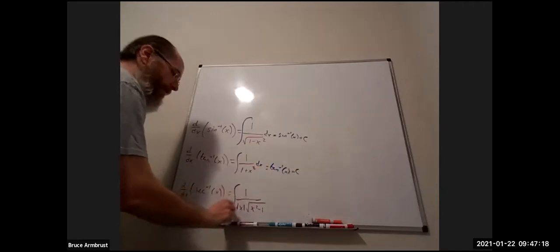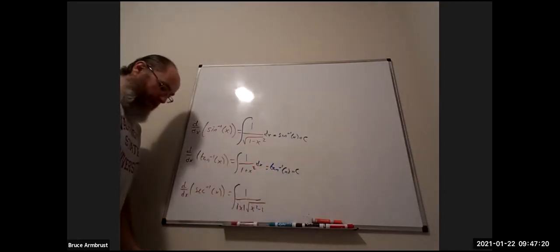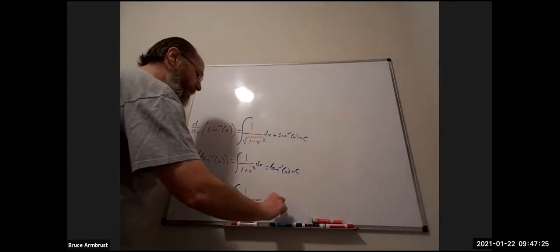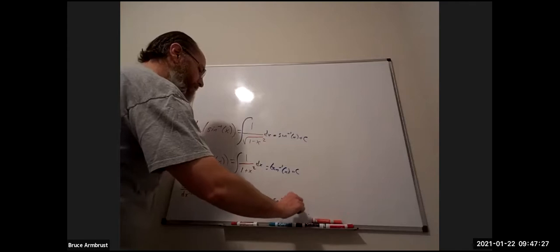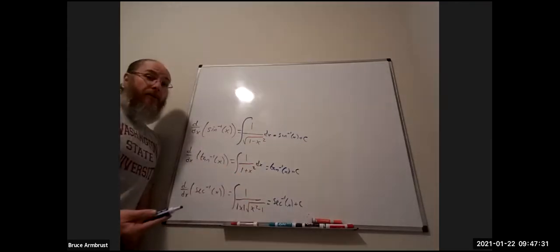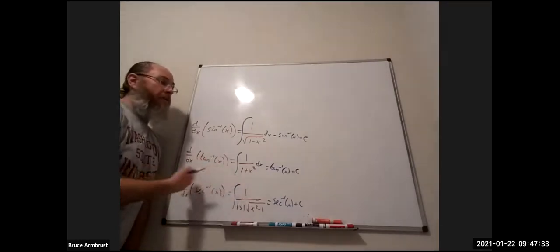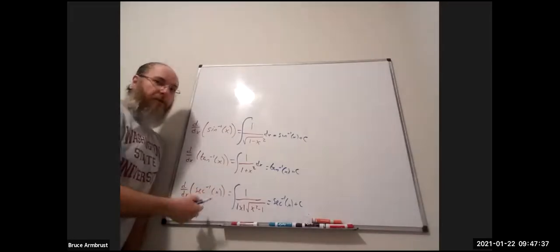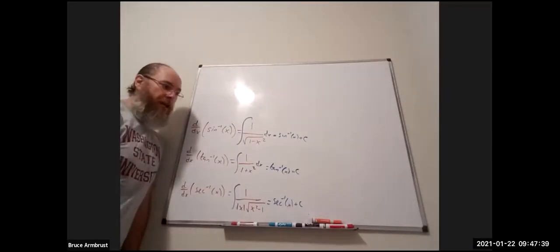And if I integrate 1 over the absolute value of x times the square root of x squared minus 1, I'm going to get inverse secant. Just like all the others, we want to think about going the other direction, taking the derivatives and going backwards, because we're anti-differentiating.